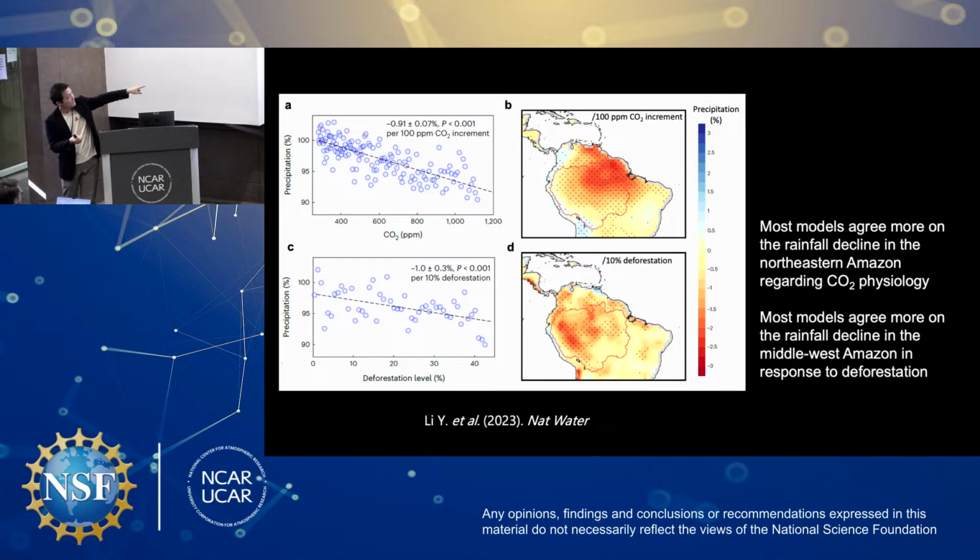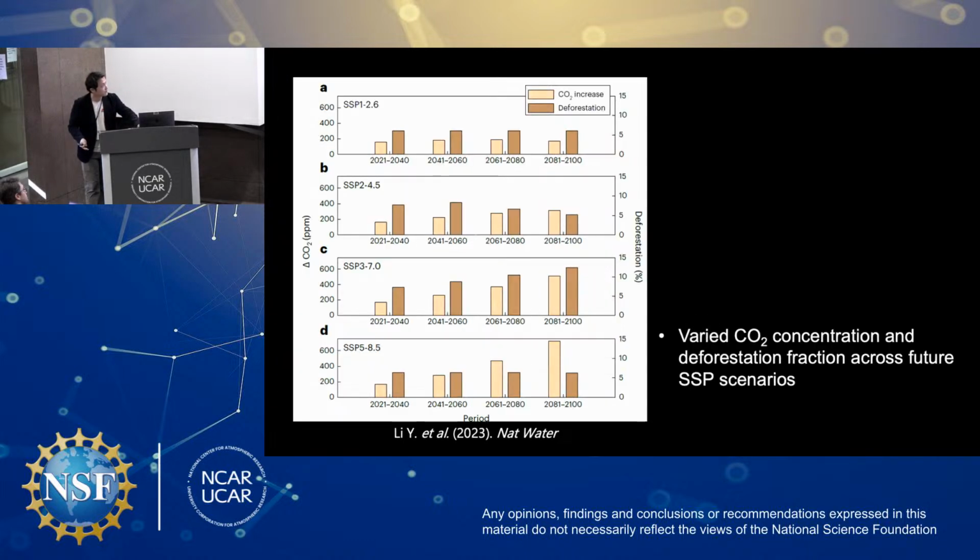You can see the CMIP6 models here also show the precipitation declining a lot, especially to the west of the Amazonia, which is not only Brazil, but also all the other countries like Peru and Colombia. These countries will also suffer from these deforestation impacts.